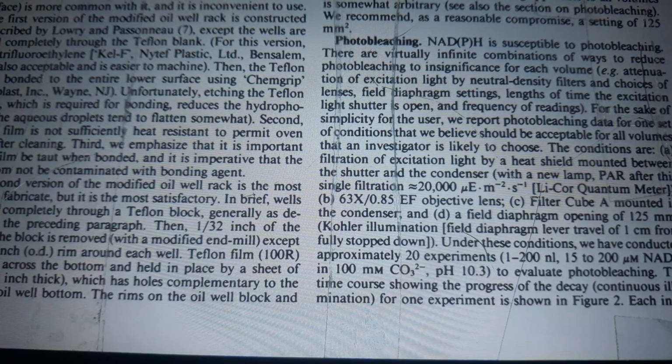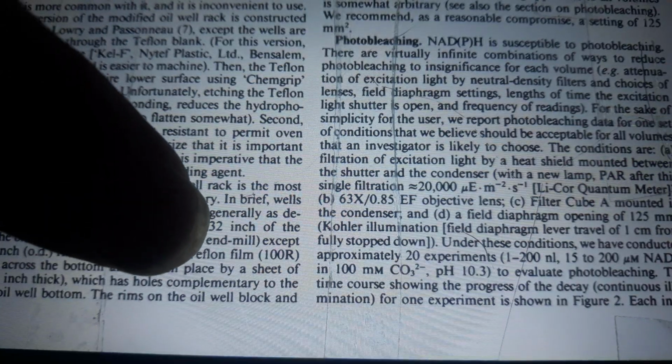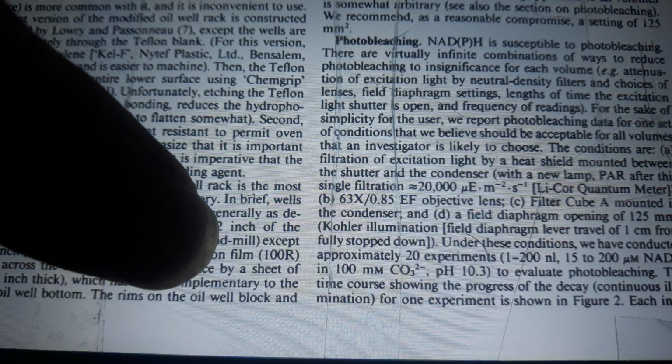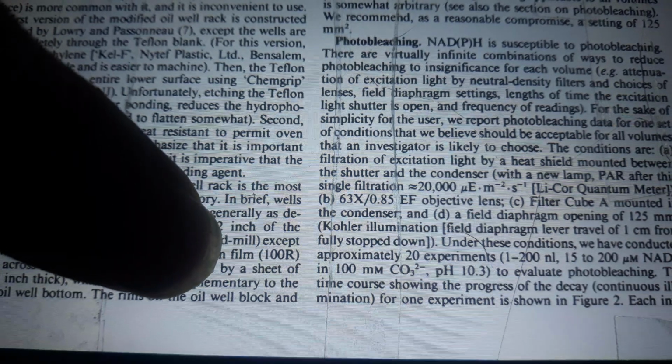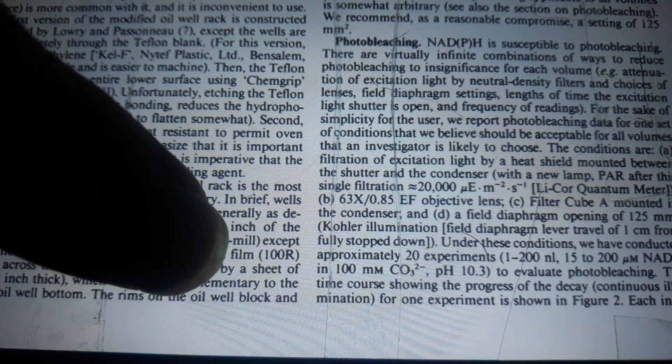Photobleaching: NADPH is susceptible to photobleaching. There are virtually infinite combinations of ways to reduce photobleaching to insignificance for each volume, for example attenuation of excitation light with neutral density filters, choices of lenses, field diaphragm settings, length of time the excitation light shutter is open, and frequency of readings.